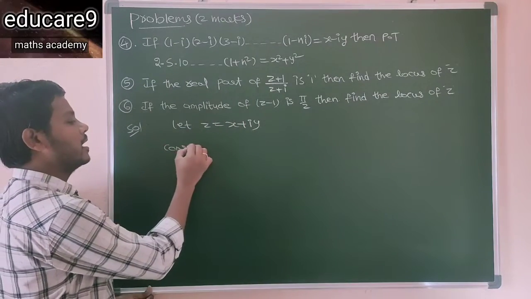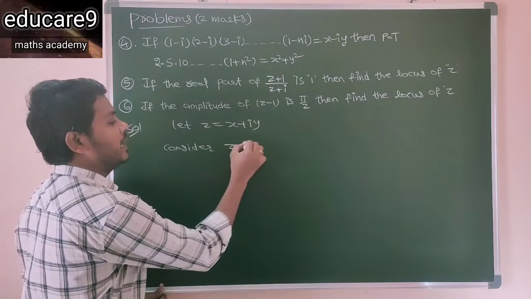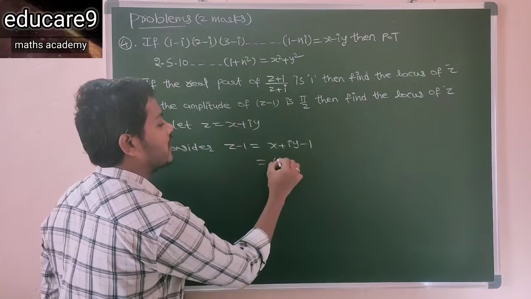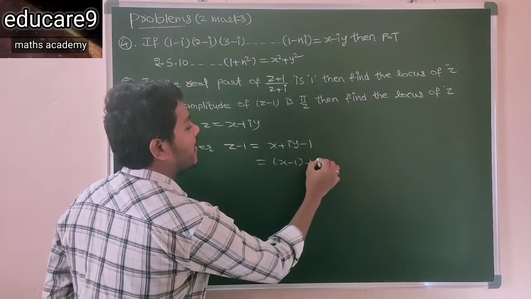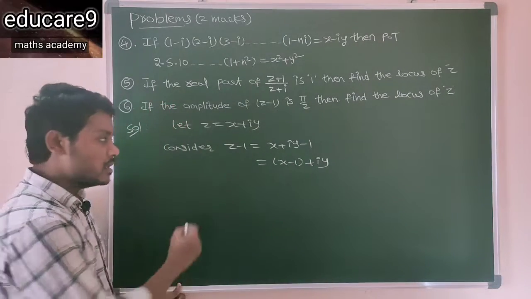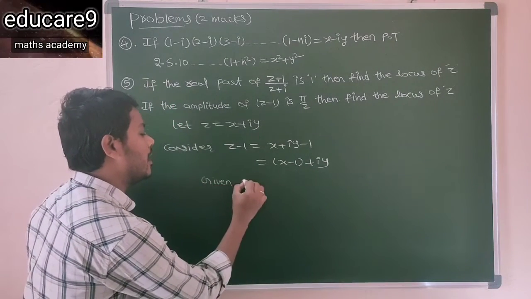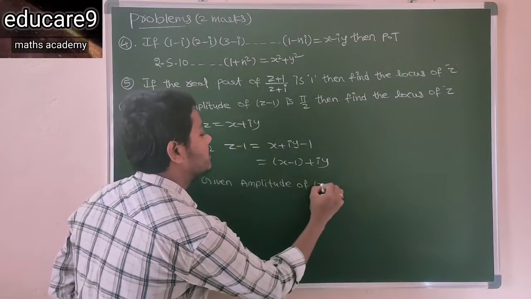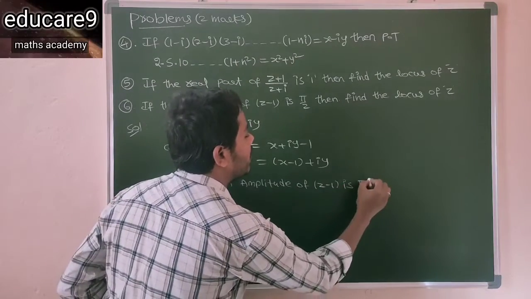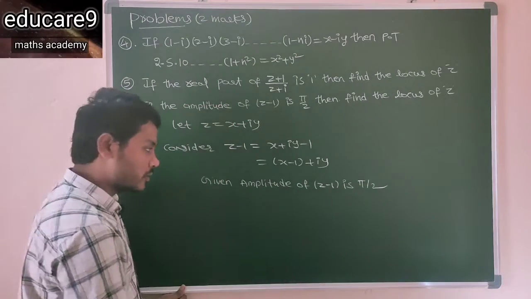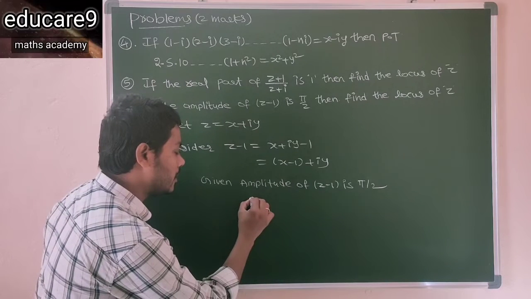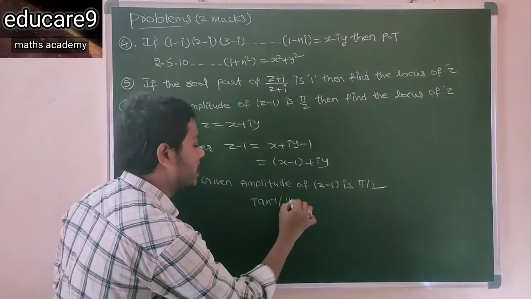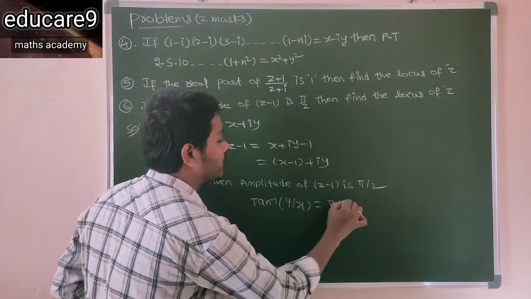So consider z minus 1, that is x plus iy minus 1. This is x minus 1 plus i into y. So given the amplitude of z minus 1 is pi by 2, so that is tan inverse y by x is equal to pi by 2.